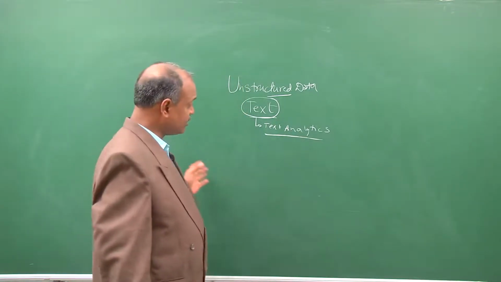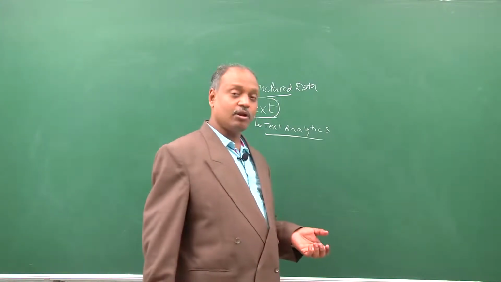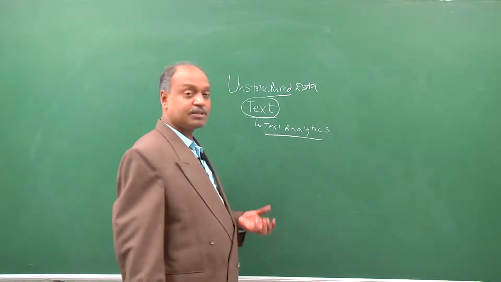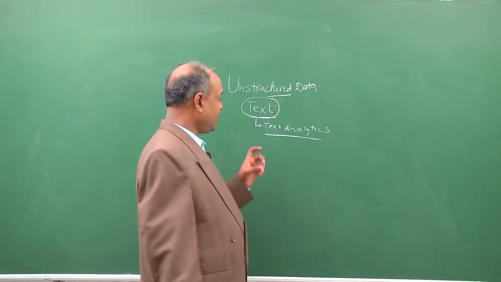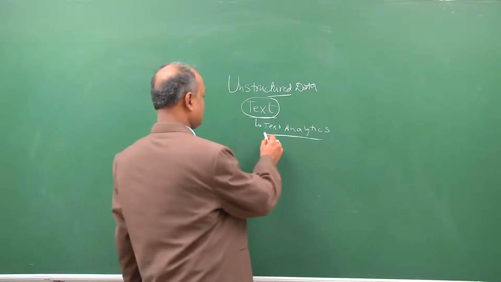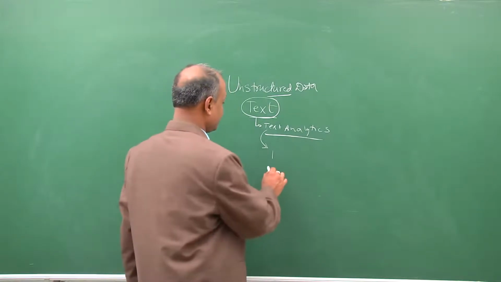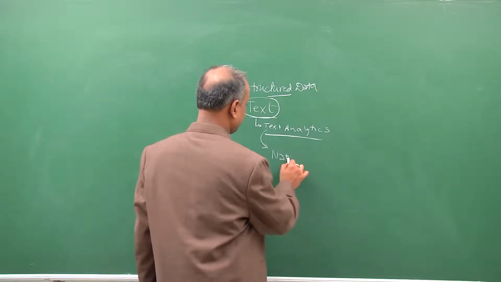It consists of a whole bunch of techniques which are not necessarily all ML based. Some of them are ML based, some are non-ML based, but the idea is you use them to work on text. And they're actually built on conventional computational language-based techniques known as natural language processing.